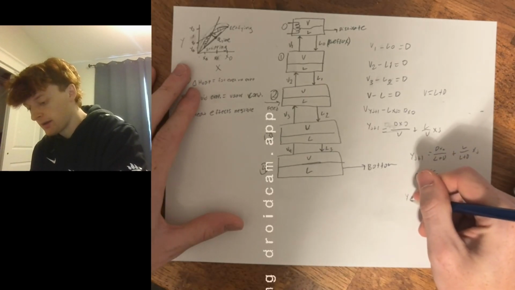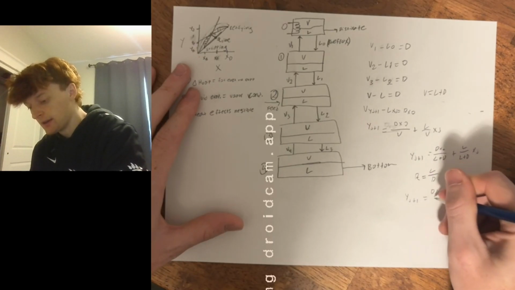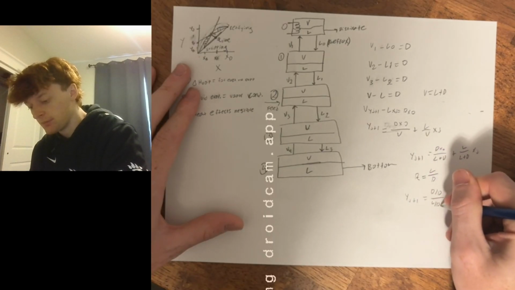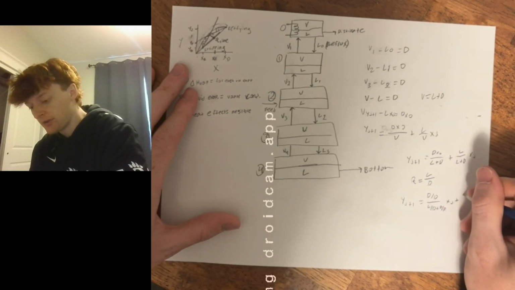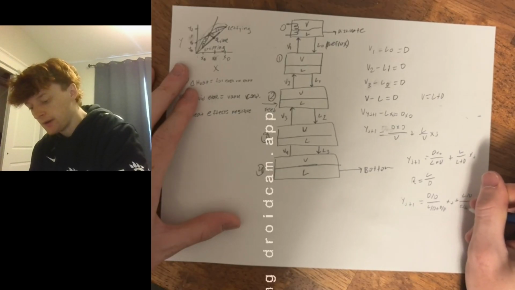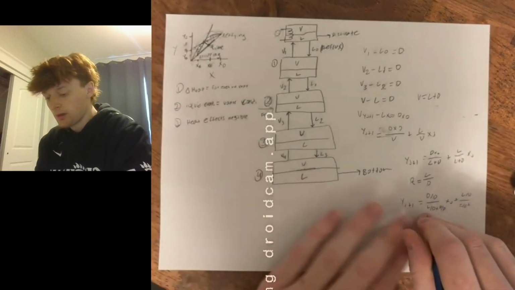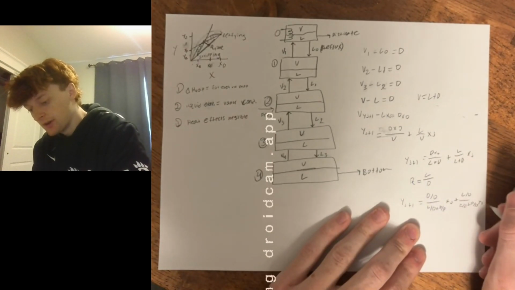So we have Y_{j+1} equals D divided by D over L divided by D plus D divided by D x0, plus L divided by D over L divided by D again plus D divided by D x_j.